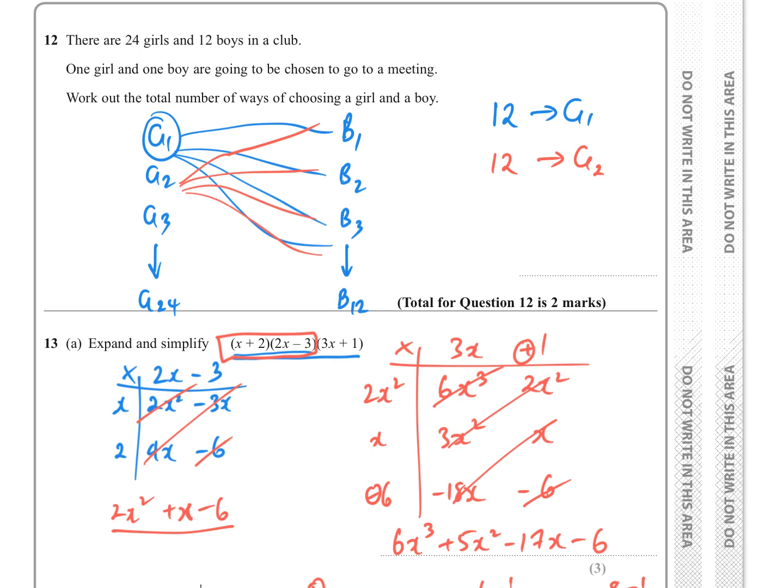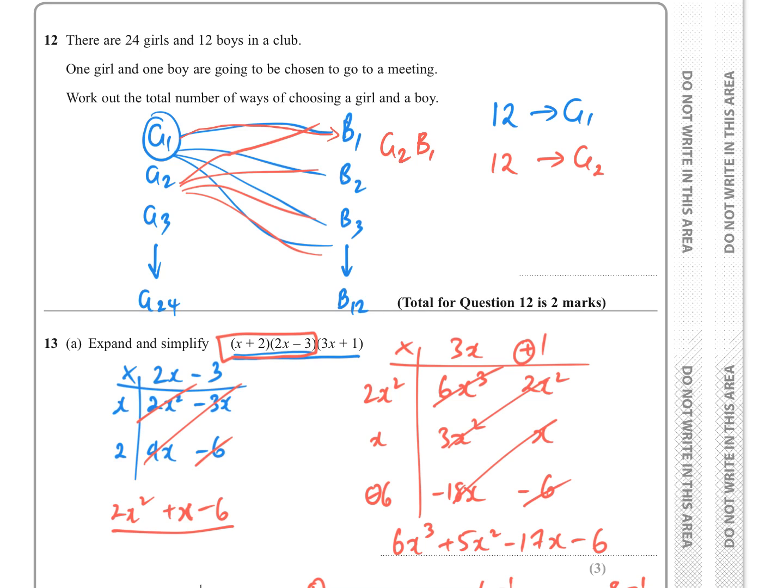Don't get confused thinking that if the first girl goes to a meeting with the first boy, that then the second girl and the first boy can't be chosen. G2 then B1 is an outcome, okay? At the end of all of the choices that you can possibly put out there on the table, then you just choose one of those pairings, okay?